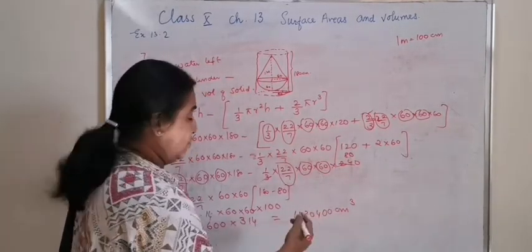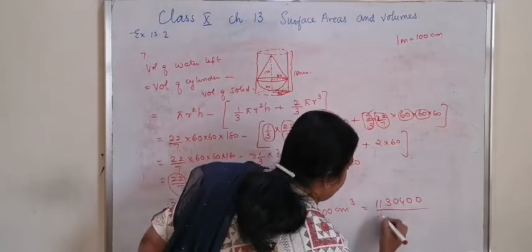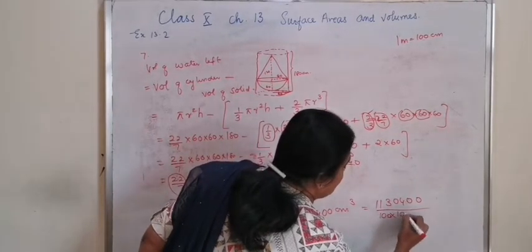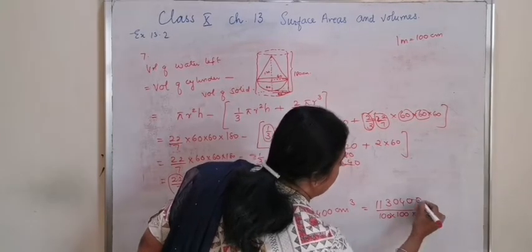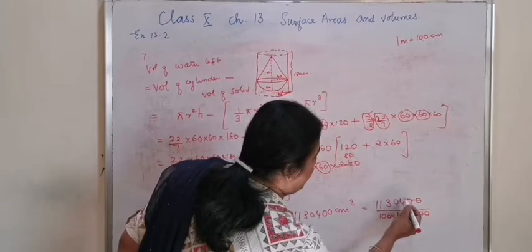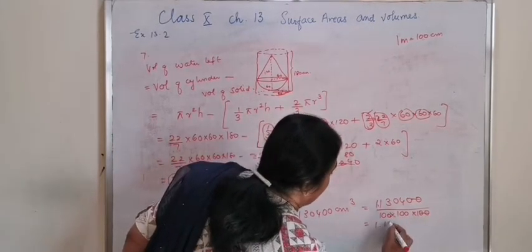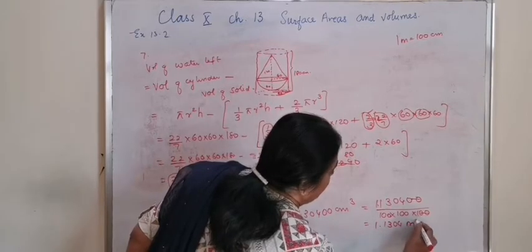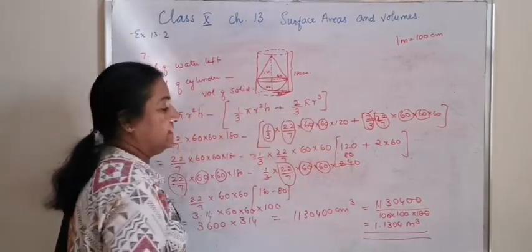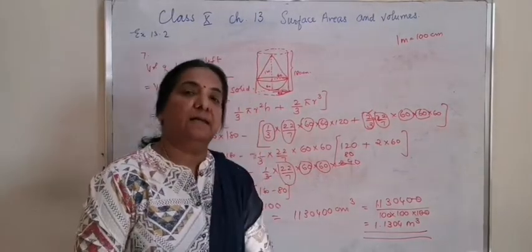That is 1, 2, 3, 4 decimal places shifting to the left. You will get 1.1304 meter cubed. That will be the volume of the water left in the cylindrical container.